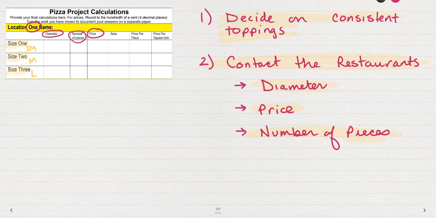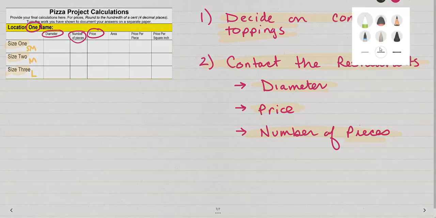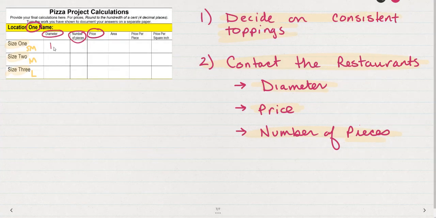Let's say that I've made that contact. I've looked online and found some diameters like 16 inches, 14 inches, and 10 inches. I'm going to go ahead and just build these examples out from those sizes. And let's just name some prices to make it easy.